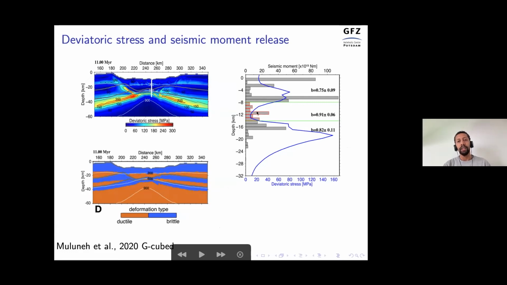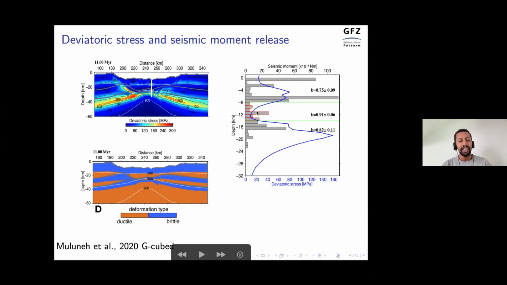So this zone, 8 to 40 kilometers, is characterized by small deviatoric stress and a small seismic moment release. So our work clearly indicates that the rheology of the crust in the main Ethiopian Rift controls the depth distribution of seismicity. So that was a very interesting observation, and our paper got published.